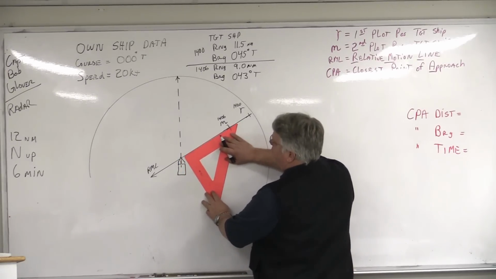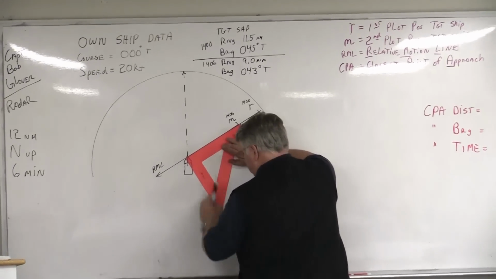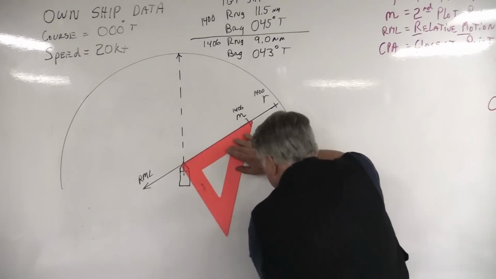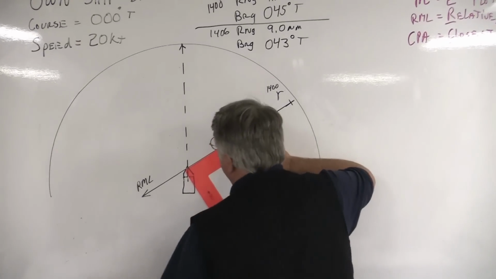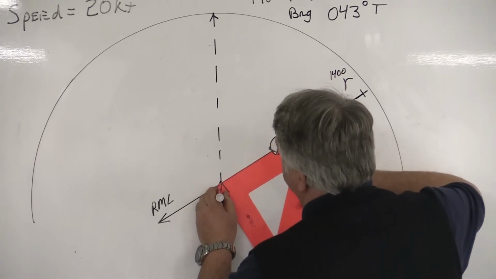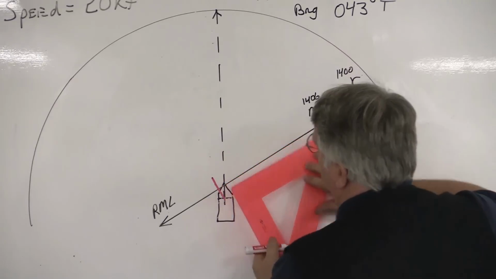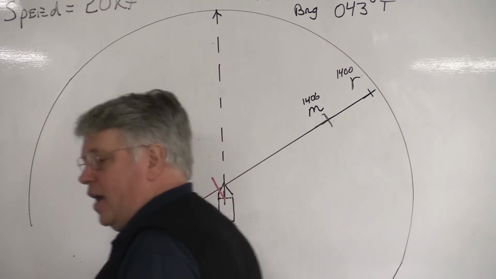And you're going to slide that down until it goes right through where our ship is, okay? And then you're going to draw a line from our ship out to the relative motion line, and it has to be at a 90-degree angle.